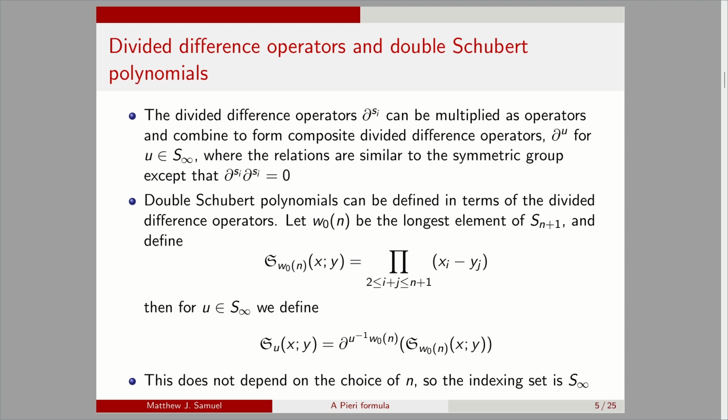Then for u in S infinity, to define the general double Schubert polynomial, we apply partial_{u^-1 w_0^(n)} to S_{w_0^(n)}(x,y), and this should make it pretty clear why the divided difference operators act so nicely on the double Schubert polynomials. They're used in their definition.